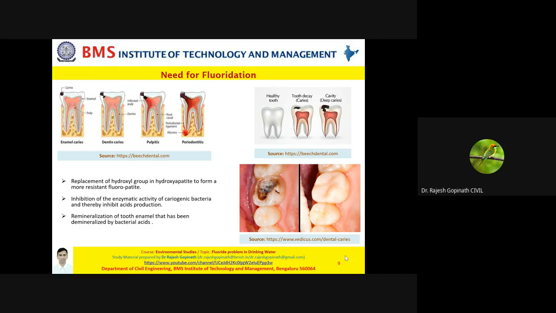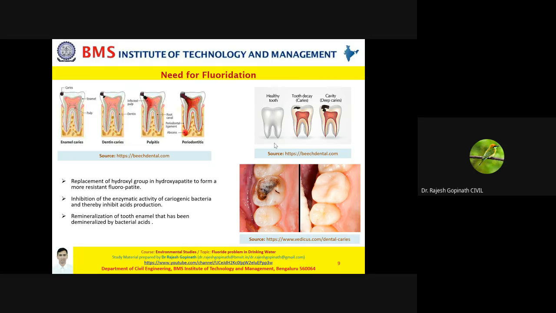If you look at the image on your right hand side, it's a comparison of a healthy tooth with a tooth which has been affected by tooth decay in the initial stages, which is called caries. Now, when the tooth decay becomes excess, it is called cavities, or also deep caries. The image on the bottom right hand corner is a comparison of a healthy tooth and a tooth which has been impacted due to dental caries.